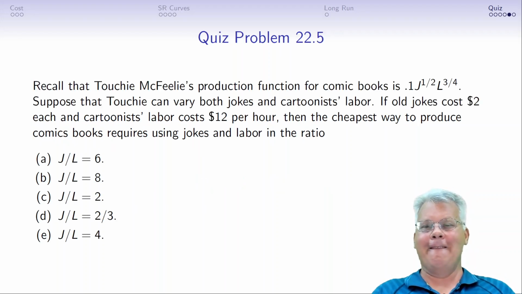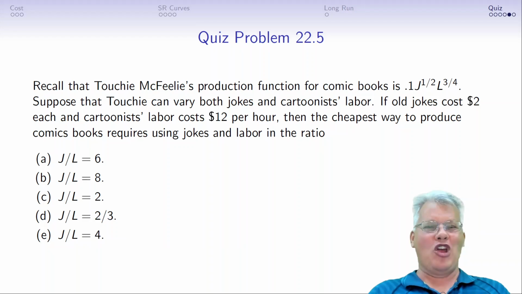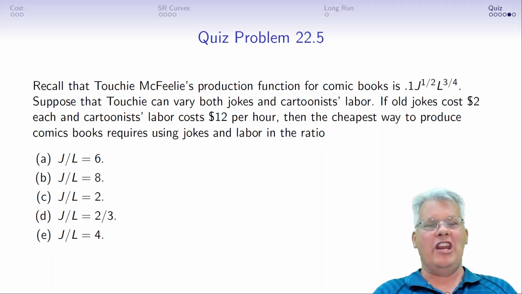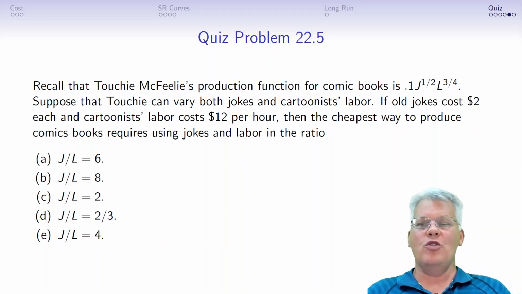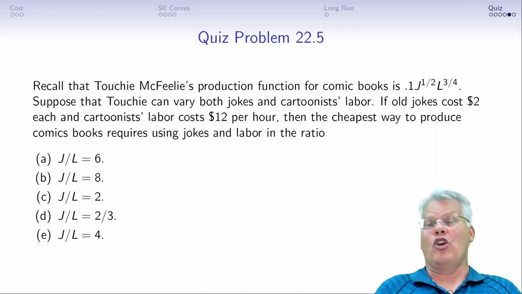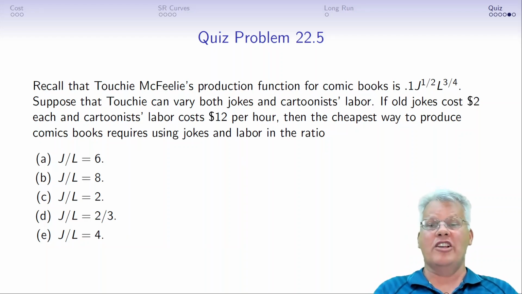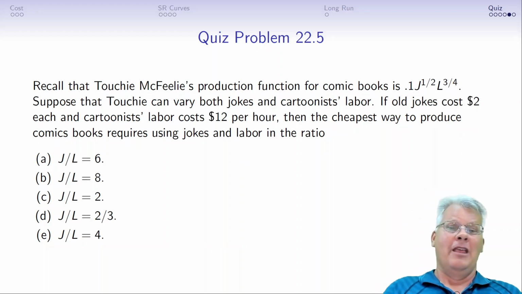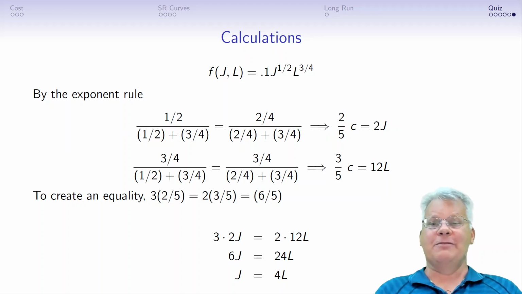Okay. And finally, Touchy McFeely's production function for comic books is 0.1 j to the 1/2 L to the 3/4. And we have a price for old jokes and a price for cartoonist labor. The question is, what is the cheapest way to produce comic books? So we need to get the cost minimizing ratio of jokes to labor. The way to do this is to apply the exponent rule.